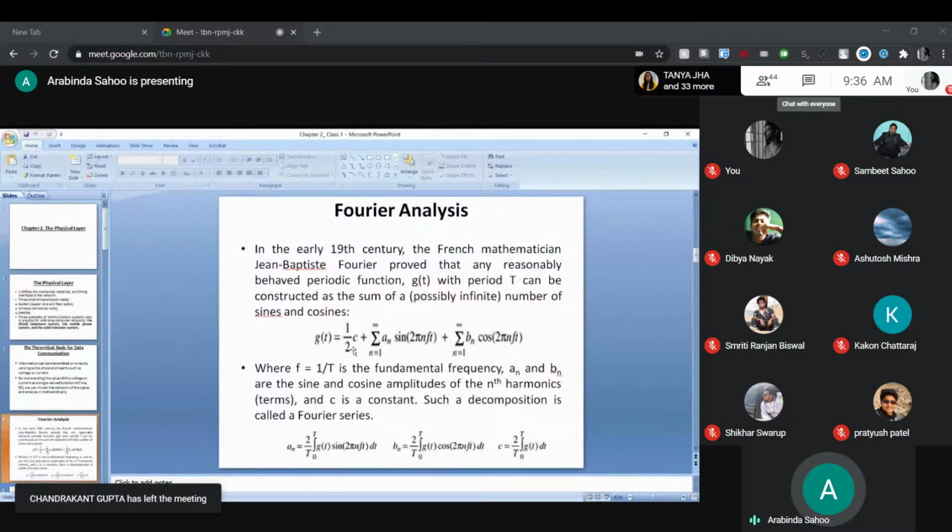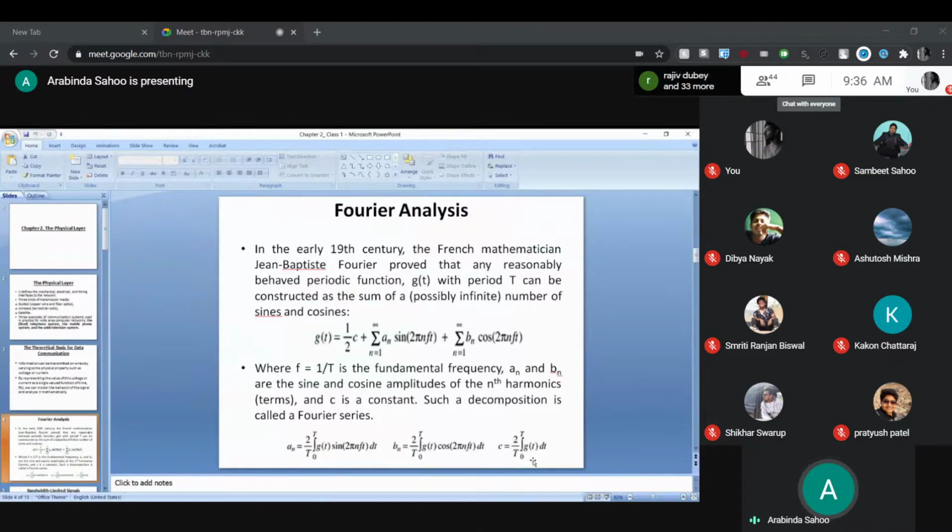And c is the constant, c is equal to 2 by t integration from 0 to t gt dt. So write down this mathematical expression.